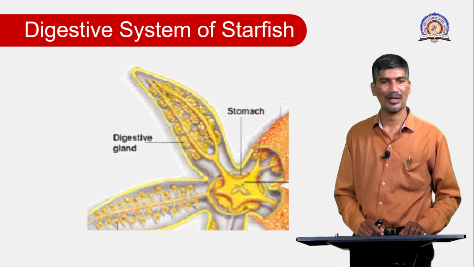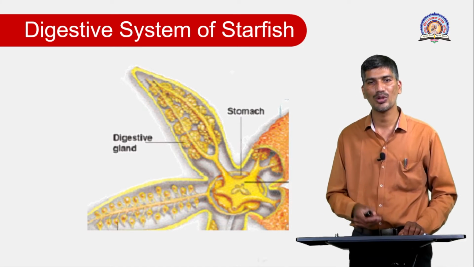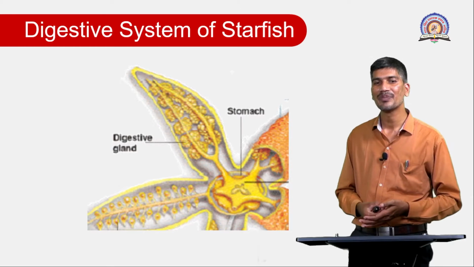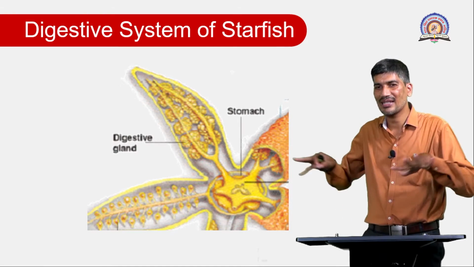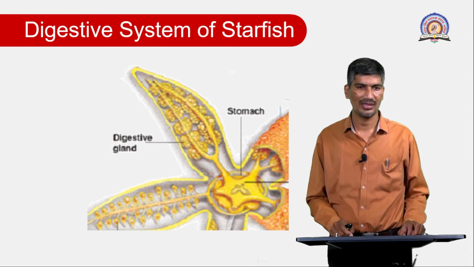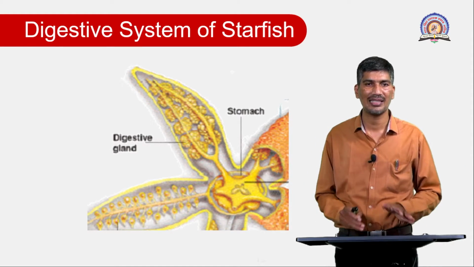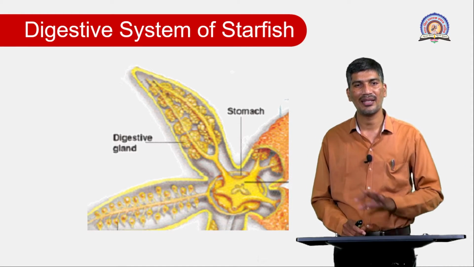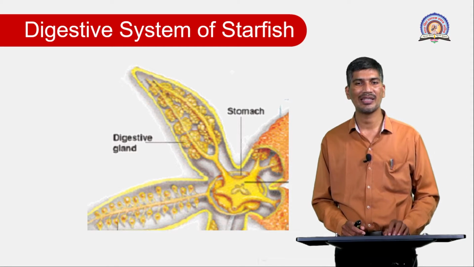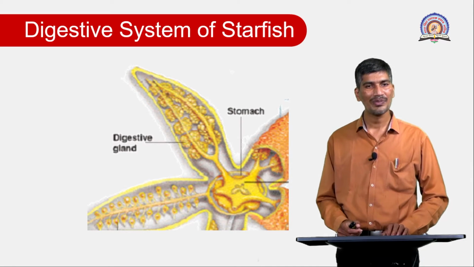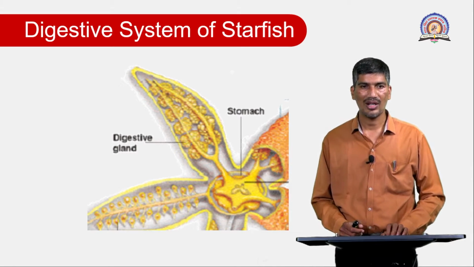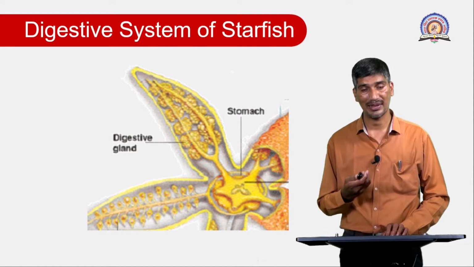This is the pyloric stomach, and just below the pyloric stomach is the cardiac stomach. The star shape extends into the arms, and in each arm the extended part is bifurcated into tubular portions, known as the digestive glands, pyloric caeca or hepatic caeca.